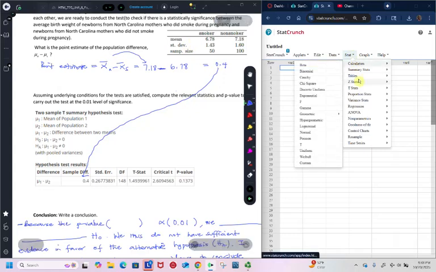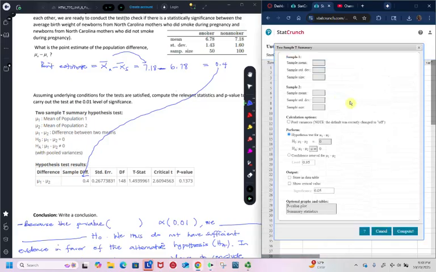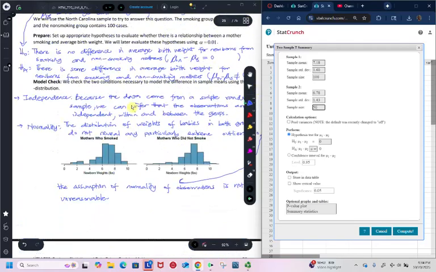So we go to Stat, go to T Stats, to Two Sample, With Summary, and I'll key in non-smoker first, just my own choice: 7.18, the sample standard deviation is 1.60, and the sample size is 100. And for the other sample, the mean is 6.78, 1.43, and then 50.